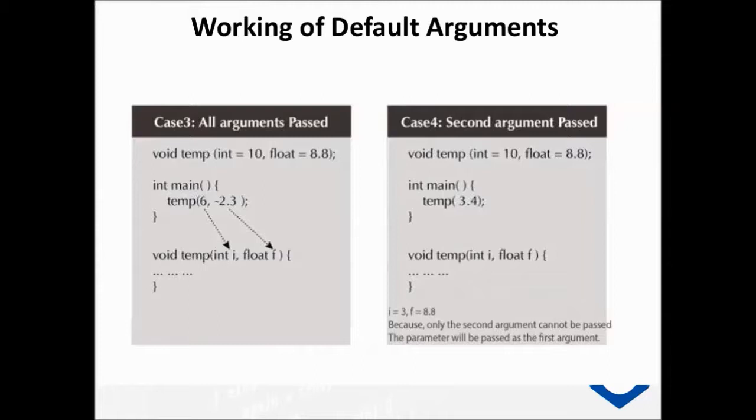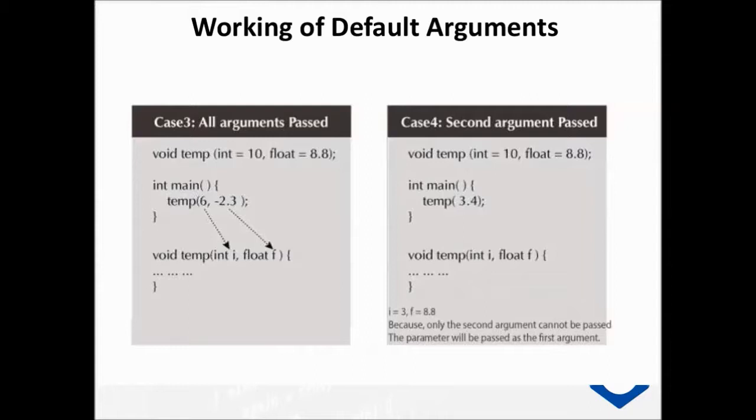In case 4, we write the function call temp(3.4). So when temp(3.4) is called, the function behaves in an undesired way, because the second argument cannot be passed without passing the first argument. This value 3.4 goes to the variable i.